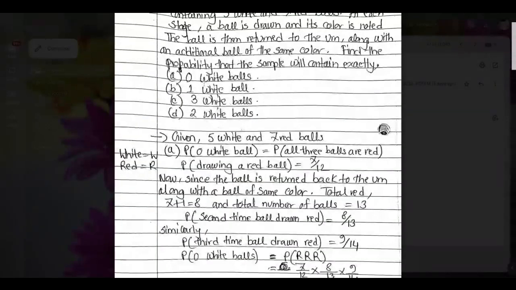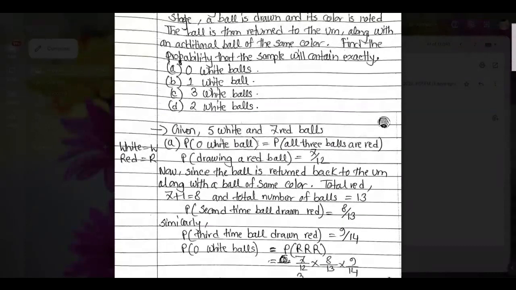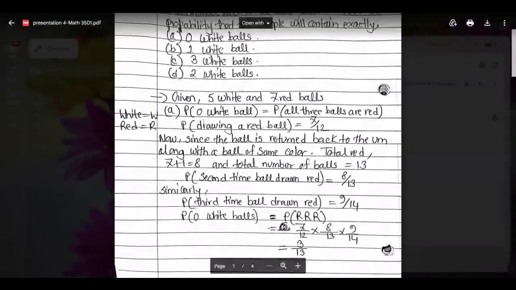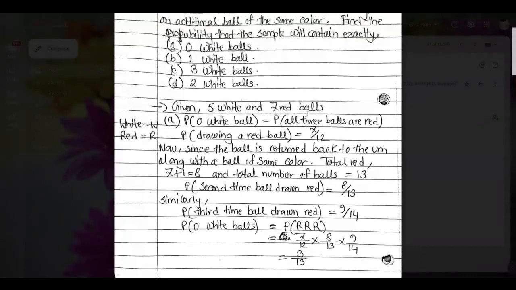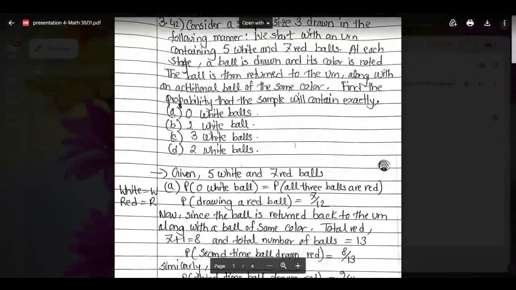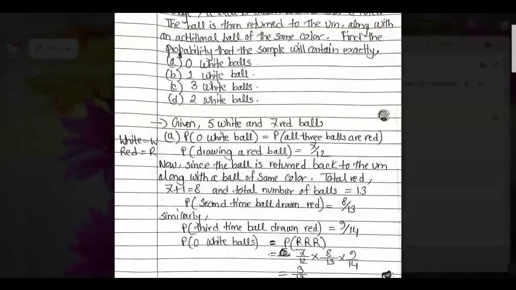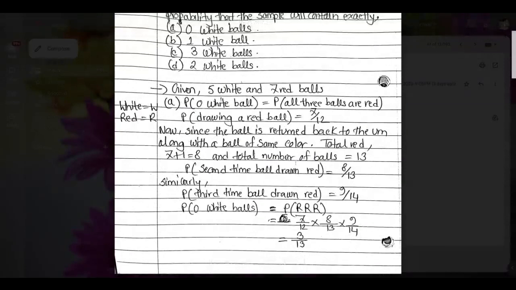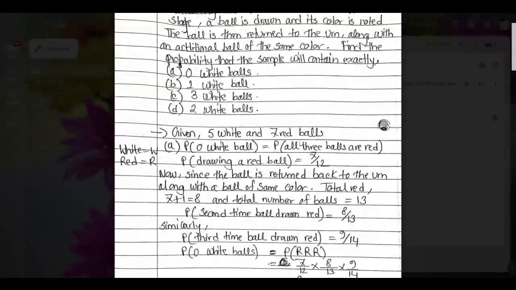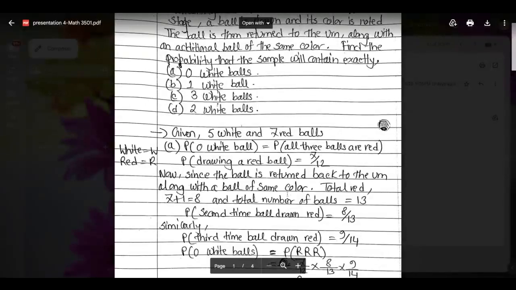So question A asks for 0 white balls. So 0 white balls is also equal to the probability that all 3 balls drawn are red. So the probability of drawing a red ball is 7/12, the 7 over the total balls.